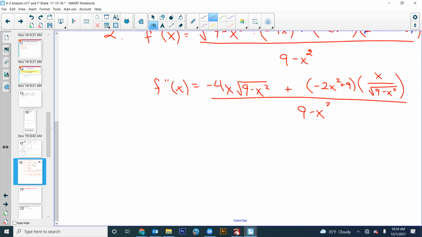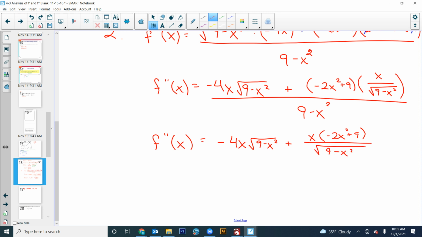You would never see this on a quiz. All right, so in our numerator, we have negative 4x radical 9 minus x squared, plus we have, I'm going to leave this factor. I'm going to write x times negative 2x squared plus 9 over a denominator of the square root of 9 minus x squared, all over 9 minus x squared.